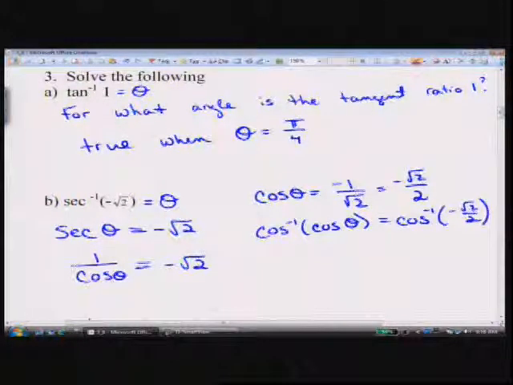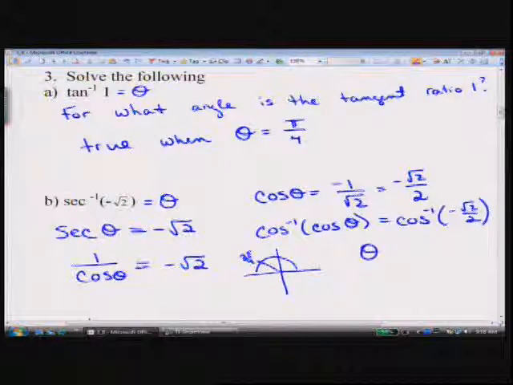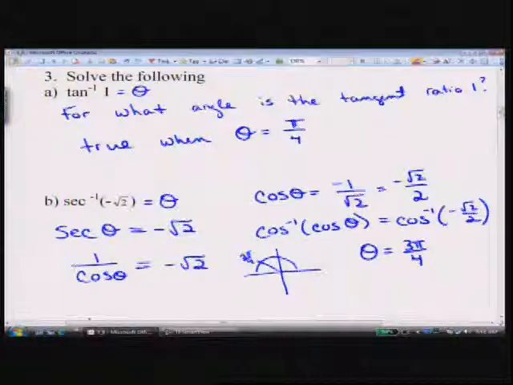And if you look on your unit circle, you should see that that occurs at 3 pi over 4. Yes, at 3 pi over 4. So this is true when theta equals 3 pi over 4.